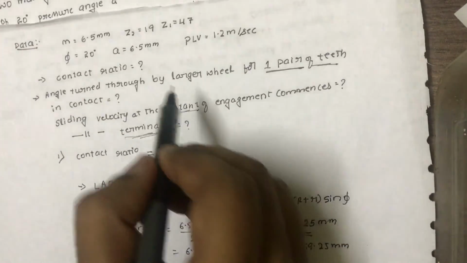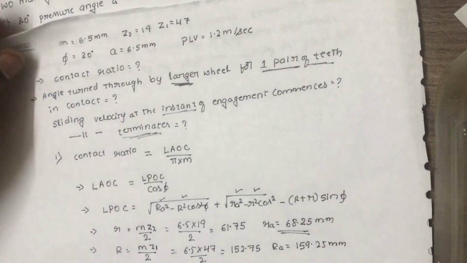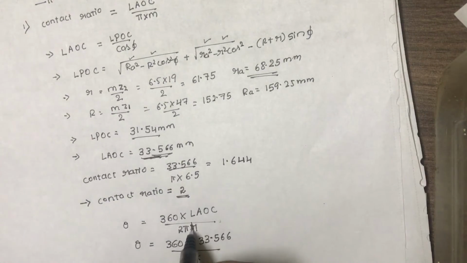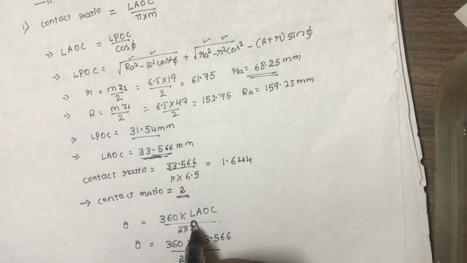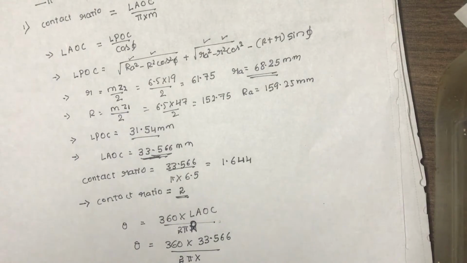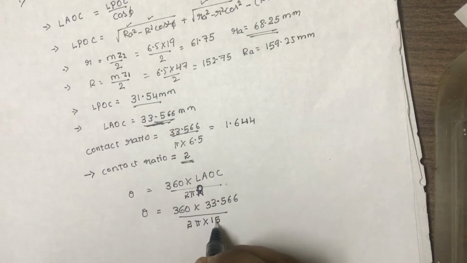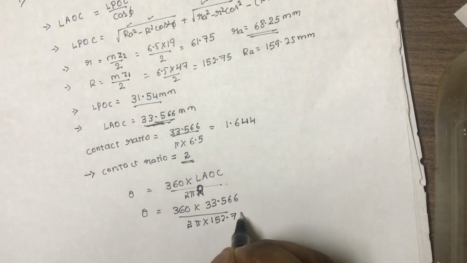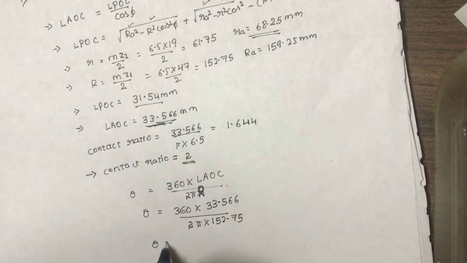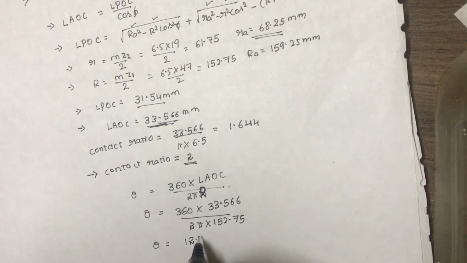because he is asking for the larger wheel. So I'll take the radius of the larger wheel, capital R. That is 152.75. If you simplify, you'll get 12.59 degrees.